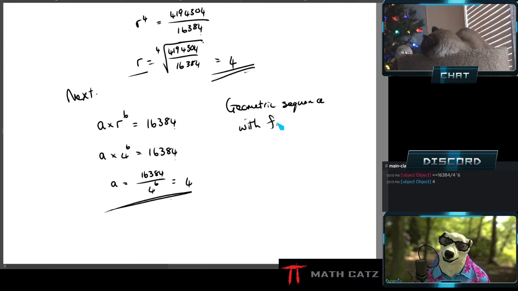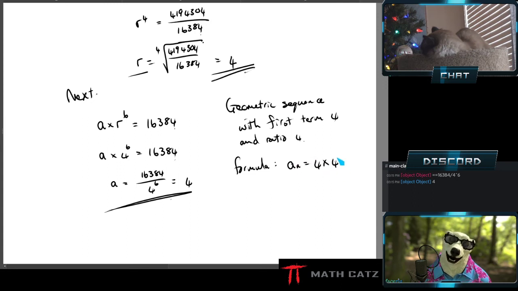So I have a geometric sequence with first term 4 and ratio 4. Therefore, I know the formula, explicit formula, of course, only useful one. a n is 4 times 4 to the n minus 1. If they now want the 20th term, it's a 20.